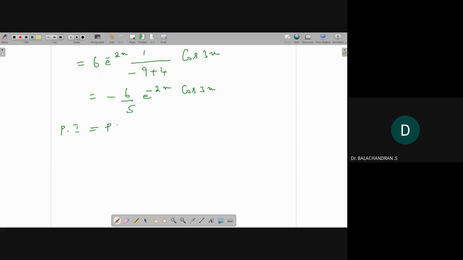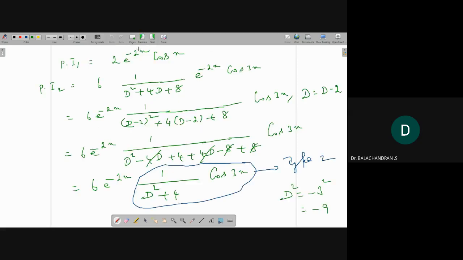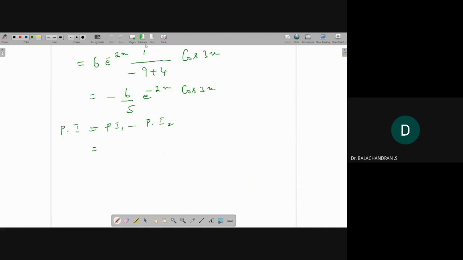So pi equal to pi1 minus pi2. Please check what is your pi1: 2 into e power minus 2x into cos x. Minus into minus is plus 6 by 5 into e power minus 2x into cos 3x.